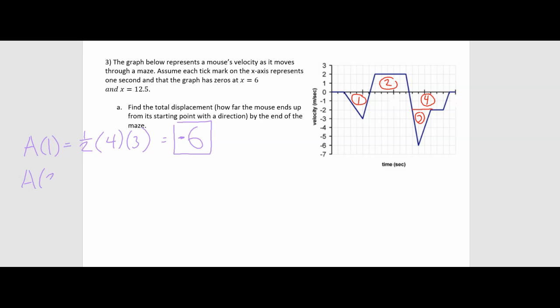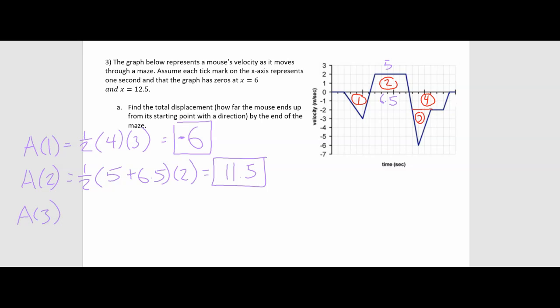The area of the second figure, which is a trapezoid, so we have 1/2 times one of the bases. The top base here is 5, bottom base here is 6.5. So we have 5 plus 6.5 times the height, which is 2. That ends up just giving us 11.5. And we'll keep that positive because it was above the x-axis.